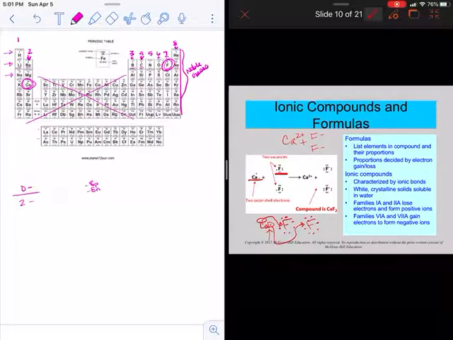Okay, so it's like this, 2+ and 2 fluorines. So you end up with CaF2 because you had to have 1 calcium for every 2 fluorines.